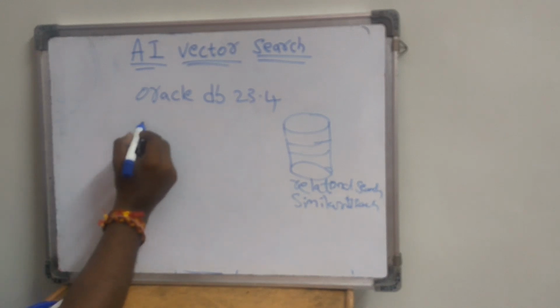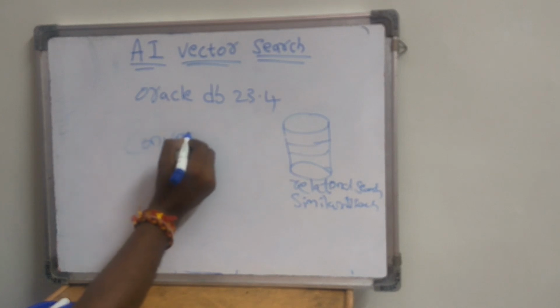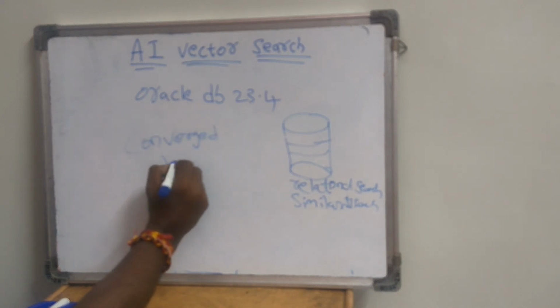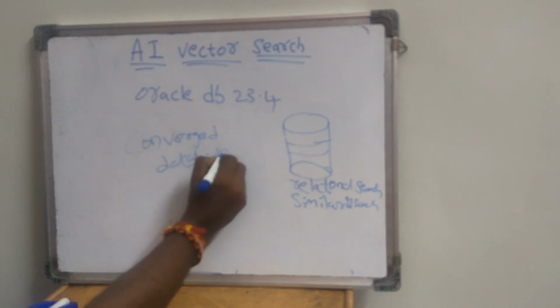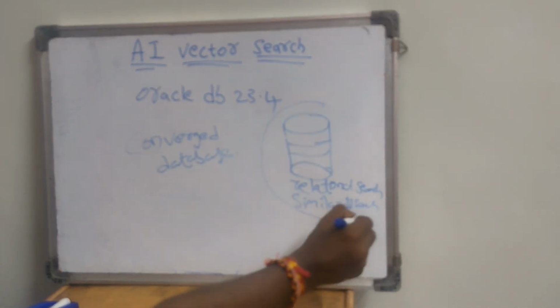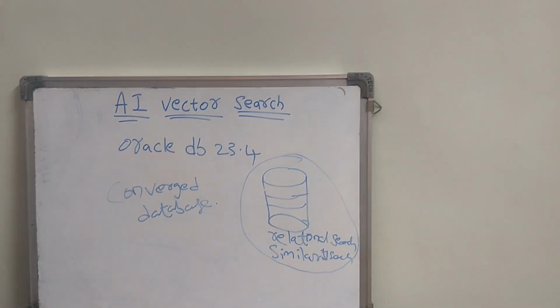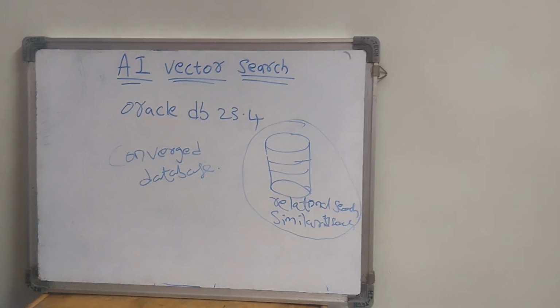That is the reason we call 23.4 a converged database. Regardless of which database you are using, which workflow type, or which data you are inputting, we have only one place, Oracle 23 AI, where you can store different types of data, whether structured, unstructured, spatial, JSON, or whatever data you want, all in one place.